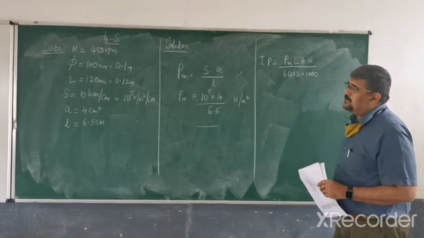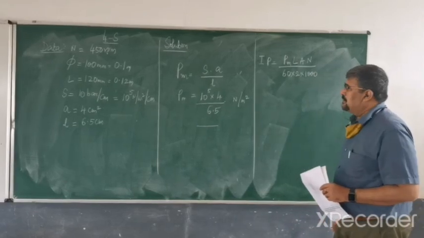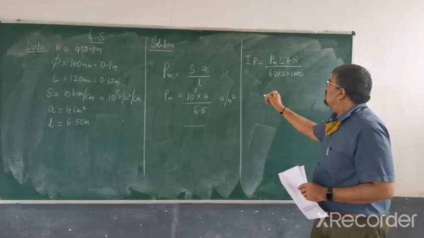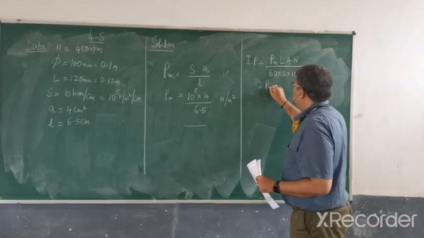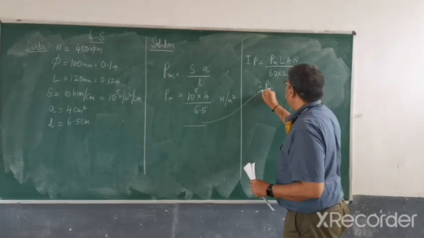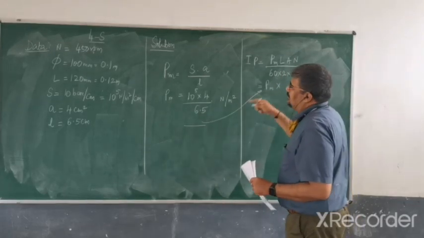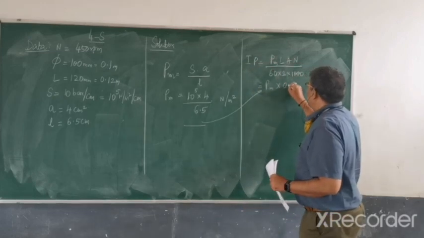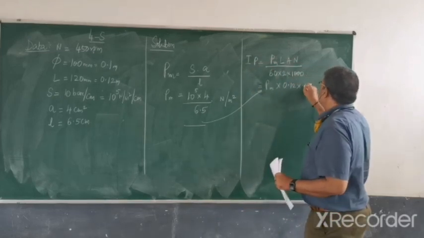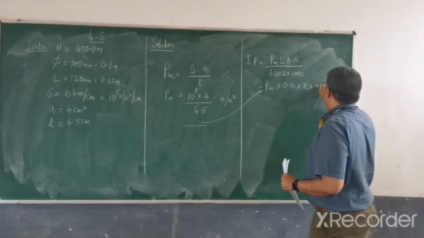P M value is in Newton per meter square, so I am using this equation. So this will be whatever value I have obtained here, the same value. Then L, we know the stroke length, which is 0.12 meters. So I write this as 0.12. A is pi d square by 4.